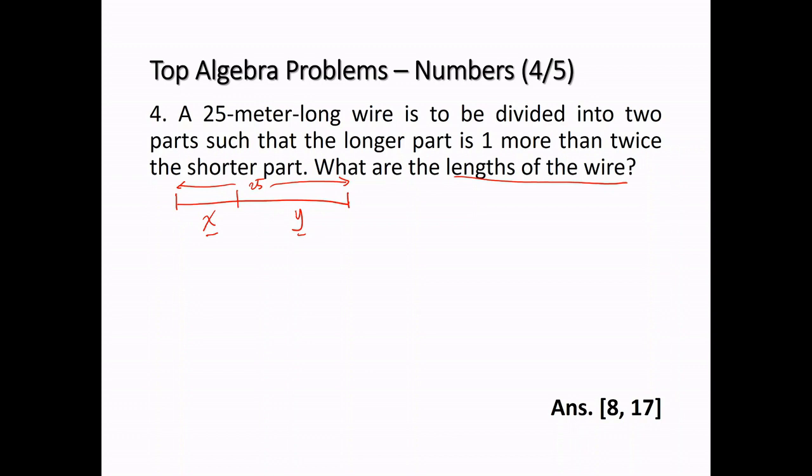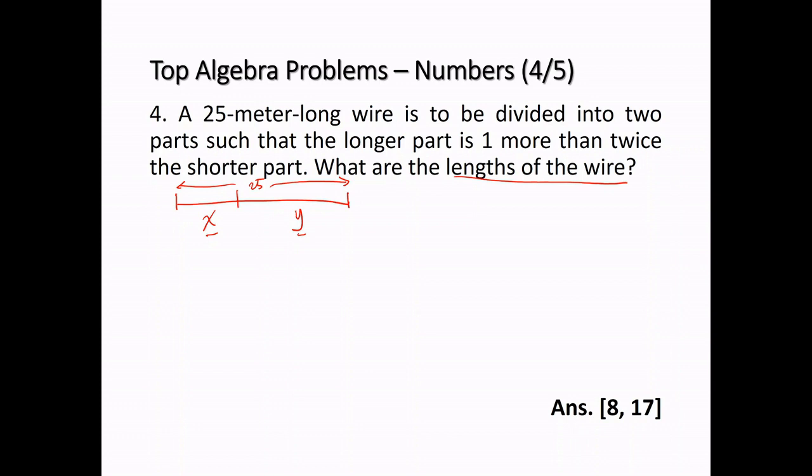Okay, so if you can recall problems number 2 and 3, one sentence is equivalent to one equation, but there's also a clue that sometimes within one sentence there can be two equations. For example, this problem. Okay, so if you notice, a 25-meter long wire is to be divided into two parts.